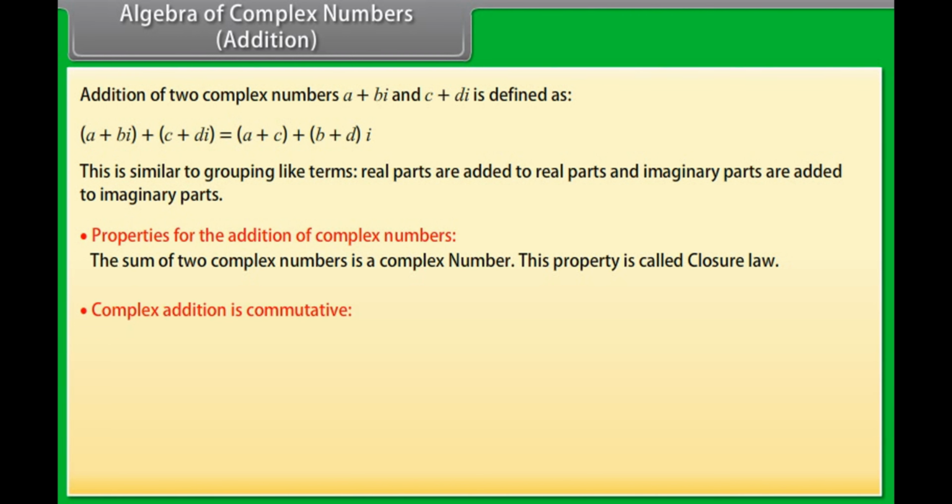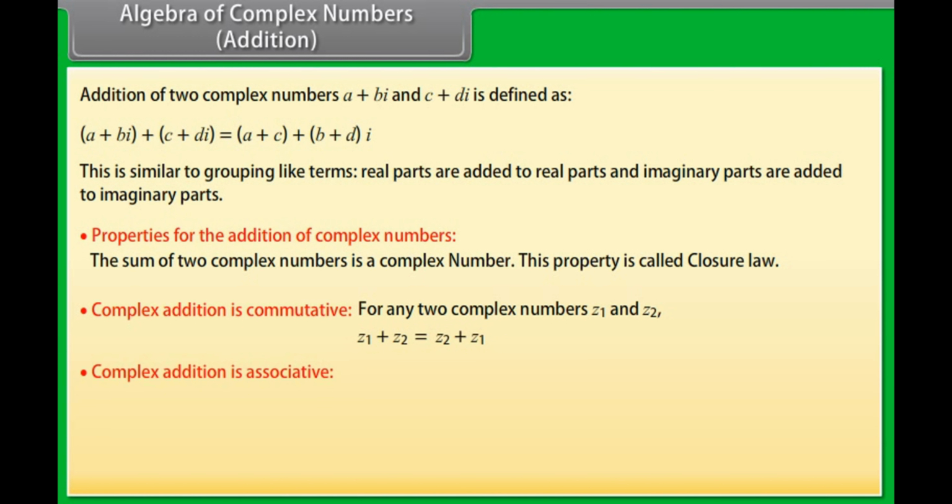Complex addition is commutative. For any two complex numbers Z1 and Z2, Z1 plus Z2 is equal to Z2 plus Z1. Complex addition is associative. For any three complex numbers Z1, Z2, Z3, Z1 plus Z2 plus Z3 is equal to Z1 plus Z2 plus Z3, grouped either way.